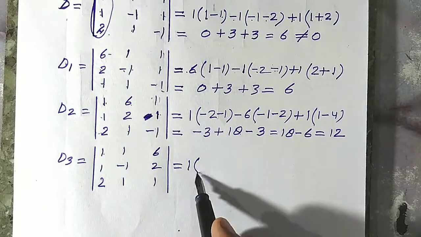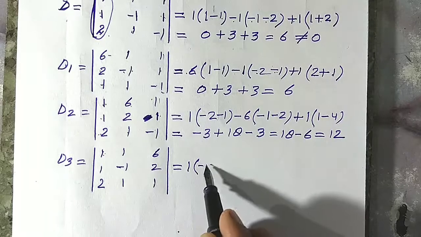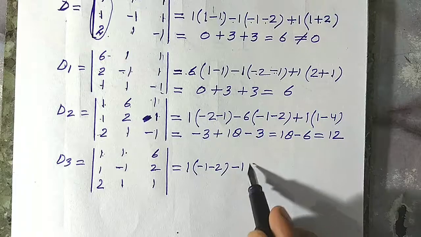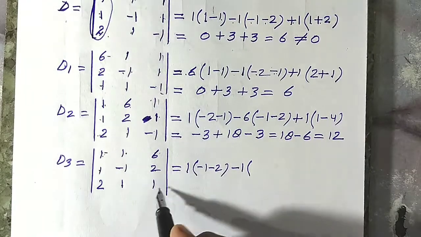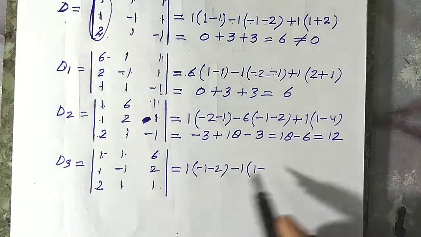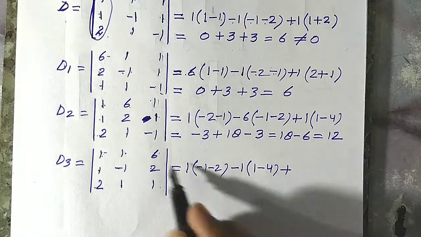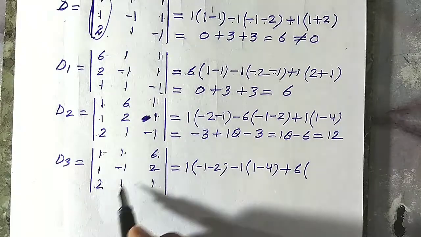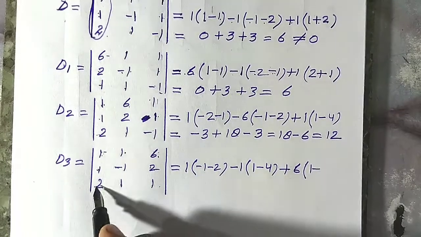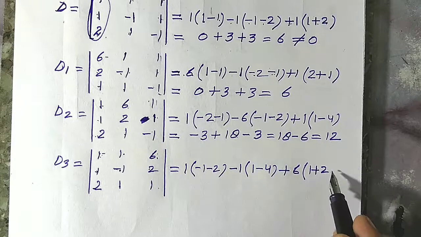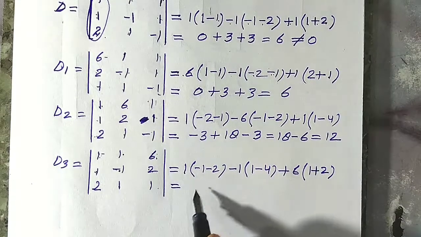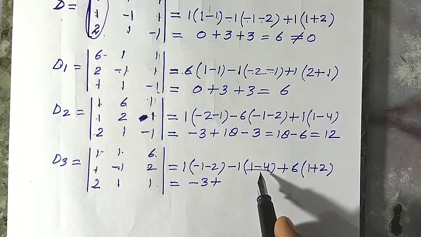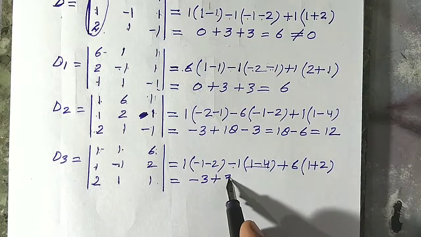So 1 bracket, this column, this row vanish, minus 1 minus 2, then with the negative sign the next element, 1 bracket, this column, this row vanish, 1 1s are 1, minus 2 2s are 4, then plus the next element with the positive sign, then put a bracket, and this column, this row vanish, these 4 elements are left, 1 1s are 1, minus 2, that is plus 2, minus becomes plus, and ultimately we have minus 3 plus 3, because this is minus 3, 1 minus 4, and minus into minus plus, so we get plus 3.